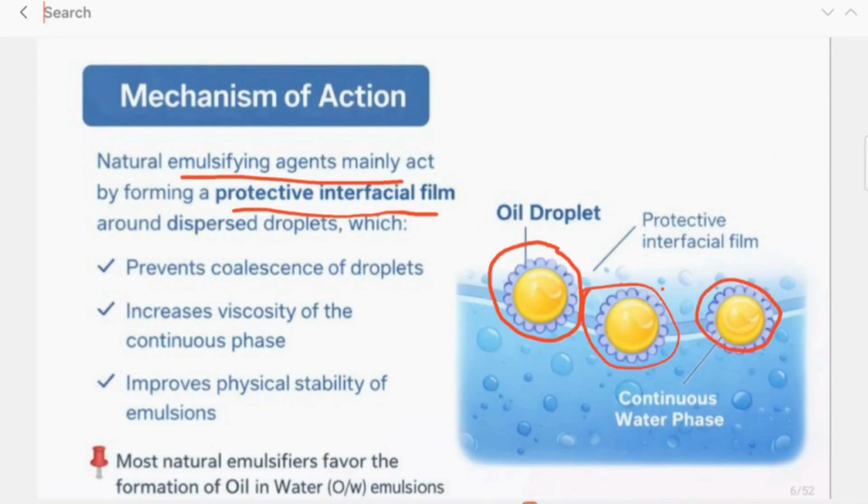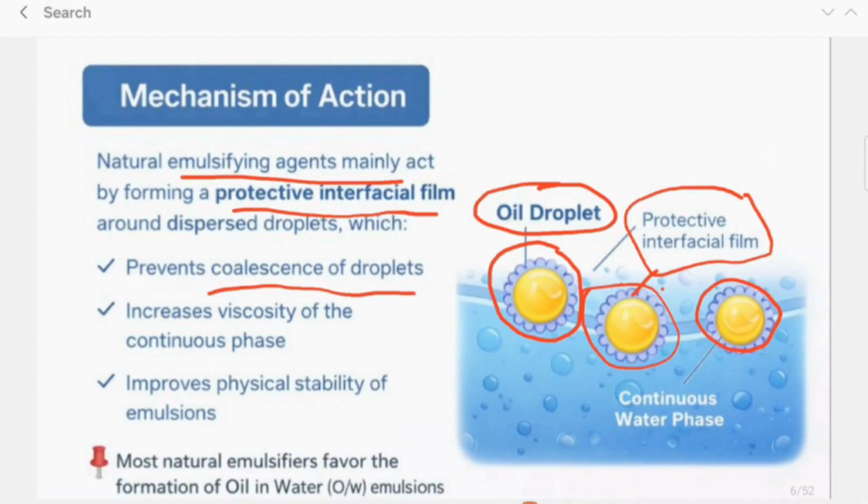This film is formed surrounding the oil droplet, that is in the internal phase. Because of the formation of this protective interfacial film, it will avoid the coalescence of droplets.